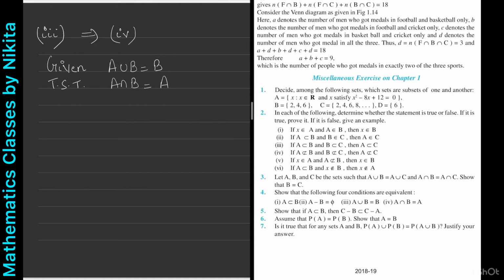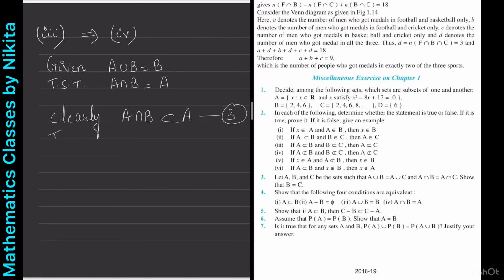A intersection B is contained in A and A is contained in A intersection B. Now first of all, clearly A intersection B is contained in A. This is by definition. कोई कॉमन पार्ट है A intersection B, तो ये A में भी होता है और ये B के अंदर भी होता है. So mark this as 3.